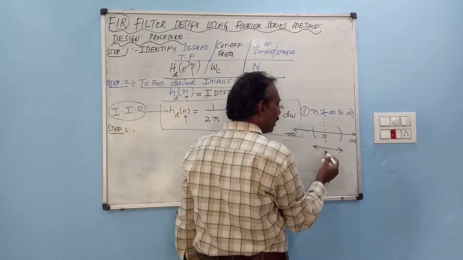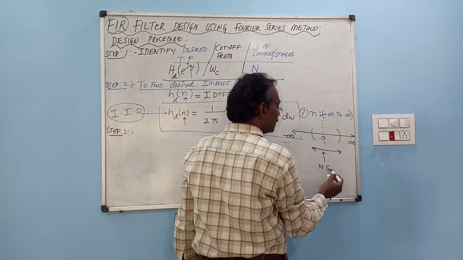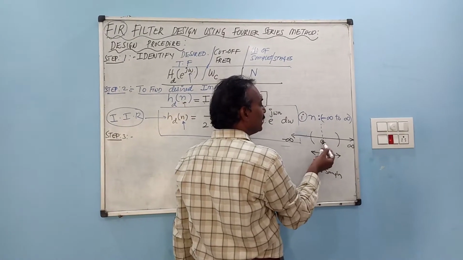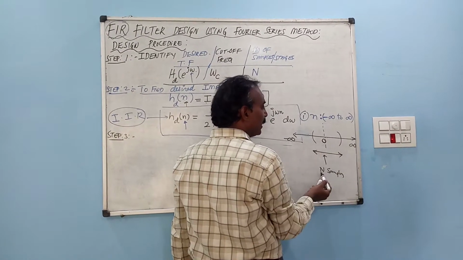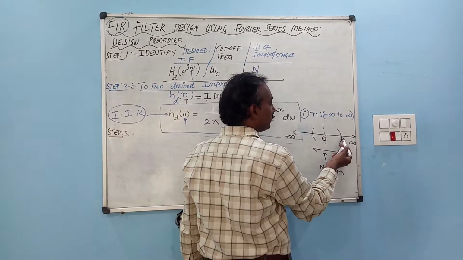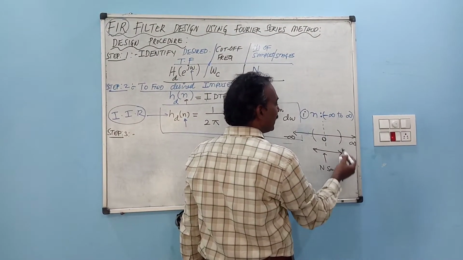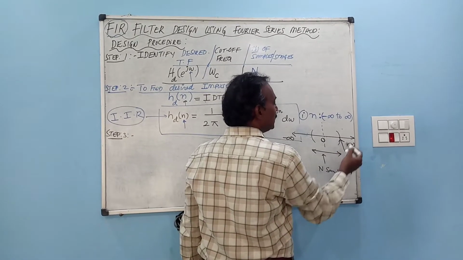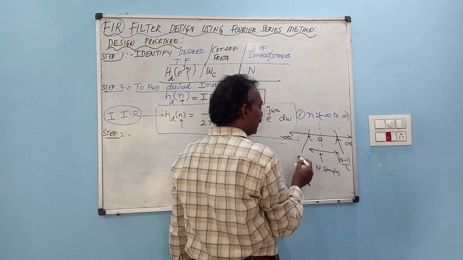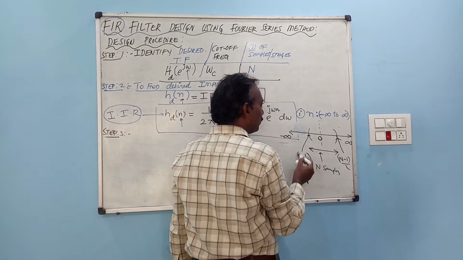This should have overall n samples. So when I am taking n samples, half right side, half left side, including 0. If I exclude 0 from n, I will get n minus 1. So overall n minus 1, half this side, half this side. So this will be n minus 1 by 2. So this range should be also n minus 1 by 2 to negative side.